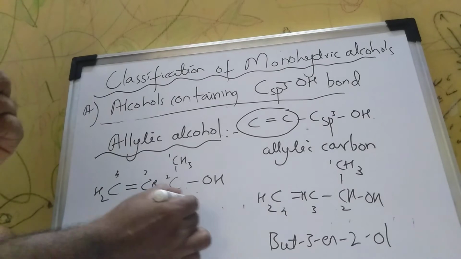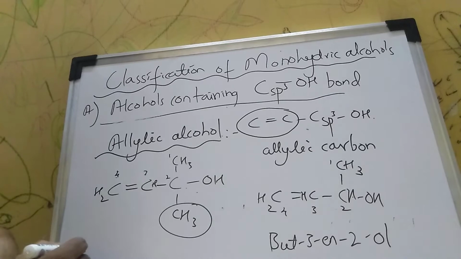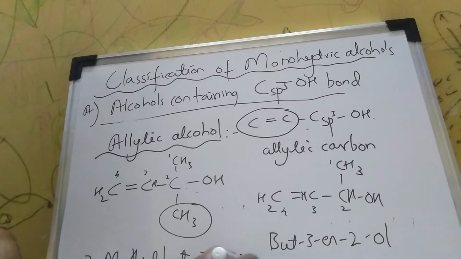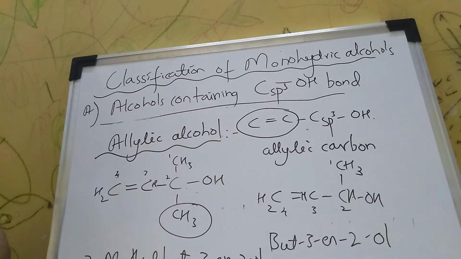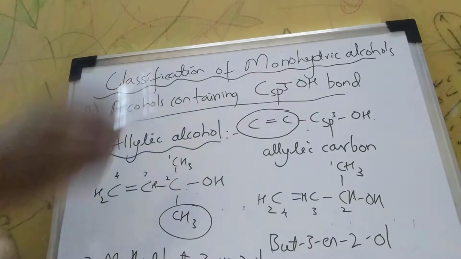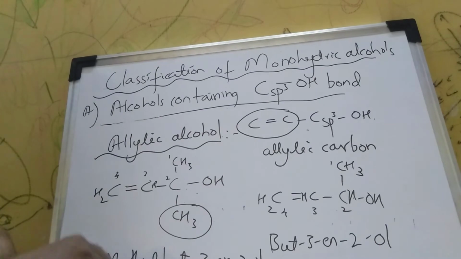There's one substituent over here which is attached to the second carbon atom, so this will be 2-methylbut-3-en-2-ol. So these examples we have done are the allylic alcohols. Allylic means a carbon-carbon double bond attached to an sp3 hybridized carbon atom, which in turn is attached to the functional group OH.